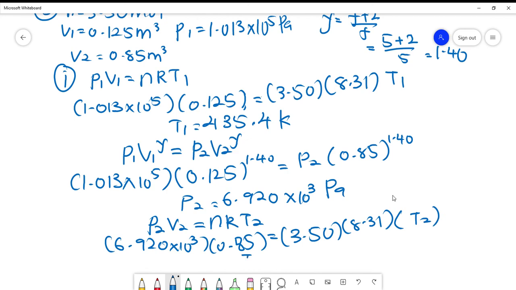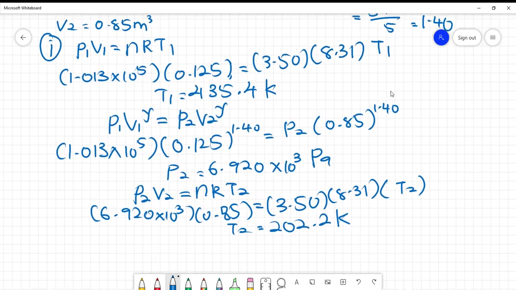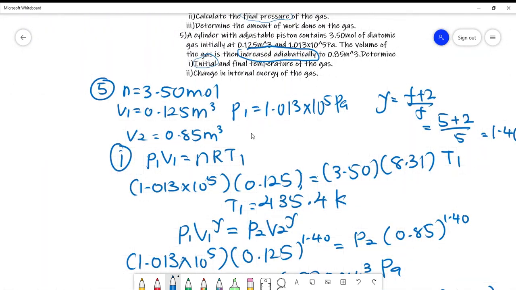So basically my T2 will be 0.85 divided by 3.5 times 8.31. So what we get for temperature is actually 202.2 Kelvin.